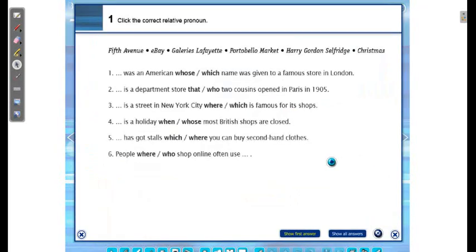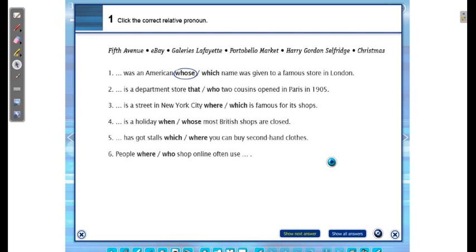Click the correct relative pronoun. Fifth Avenue, eBay, Galeries Lafayette, Portobello Market, Harry Gordon Selfridge, and Christmas. So number 1 was an American which, what do you think, was given to a famous store in London. So whose, in the famous store we'll see later.